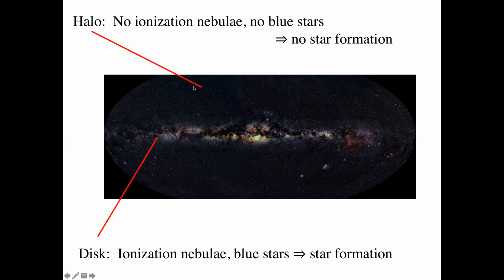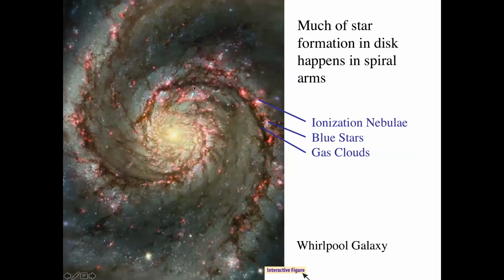And in fact, not only is it happening in the disk of the galaxy, it's happening preferentially in the spiral arms. And we look at other spiral galaxies, like this one, the Whirlpool galaxy, we can see where the star formation is actually happening. All of these pink spots and red spots that you see are places where star formation is happening.